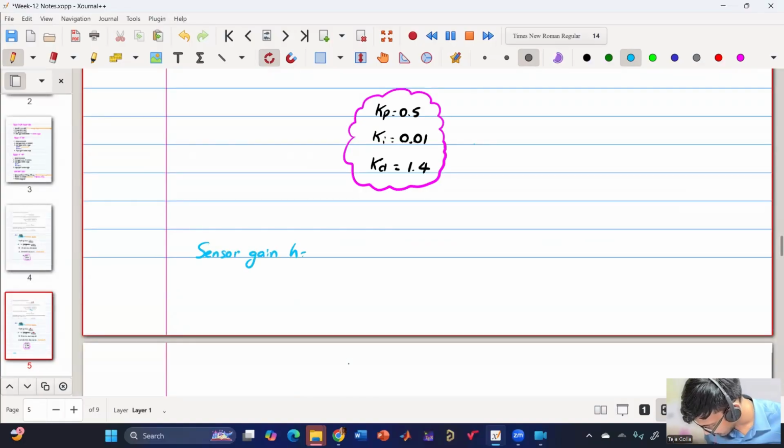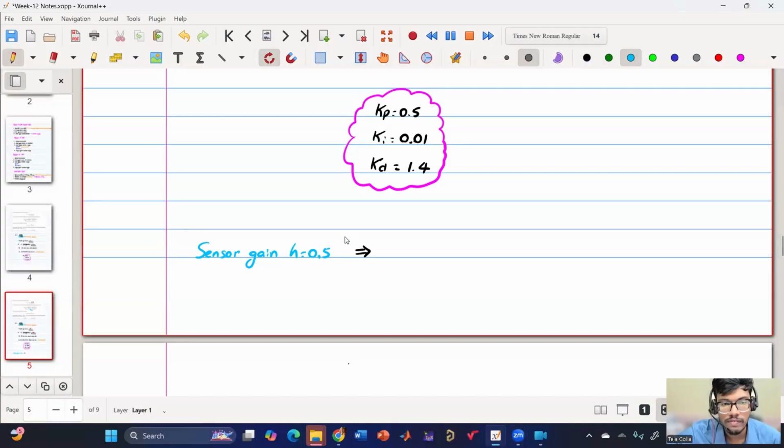Can you tell me what the gains will be now, without solving, just from the intuition that we have understood now? Divided by 5. This is 0.5. So should we divide by 5, or what should we divide it by?